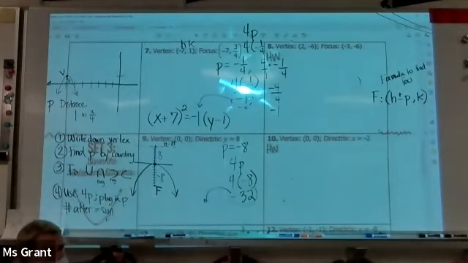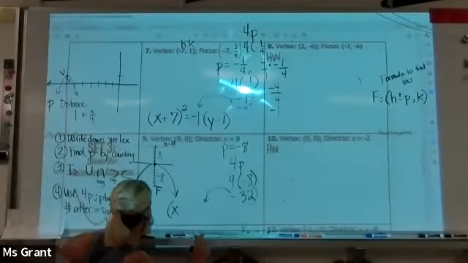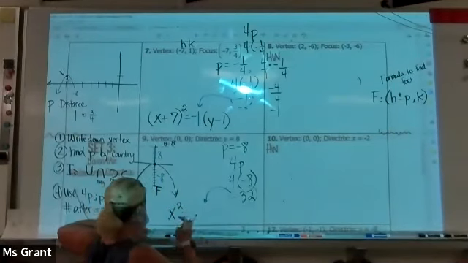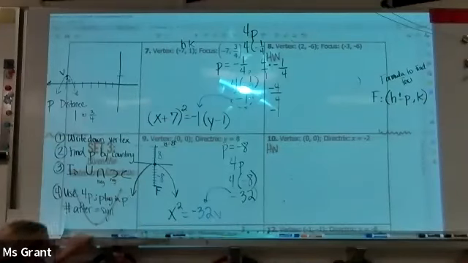Is it x squared first or y squared first? X squared, good, because it's opening downward. H, K, oh, 0, 0. X squared equals -32y.